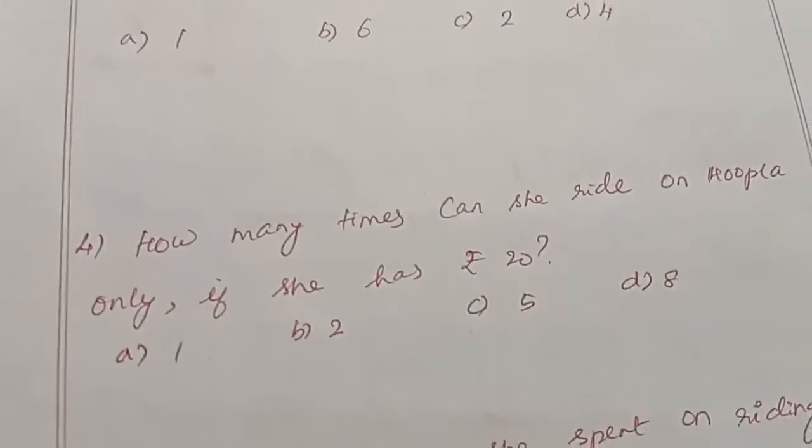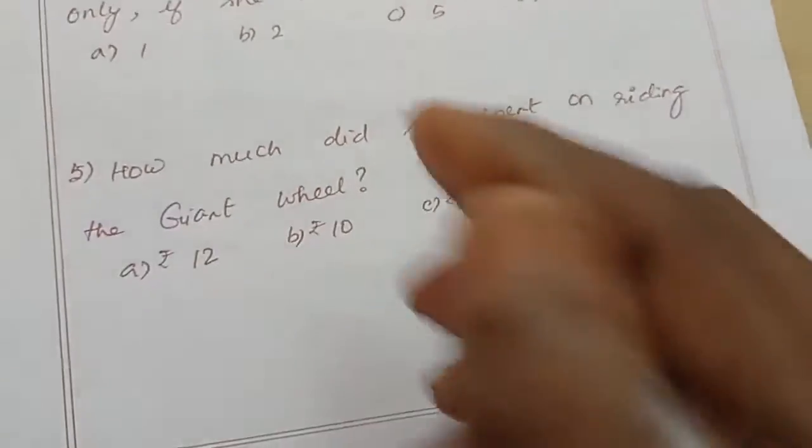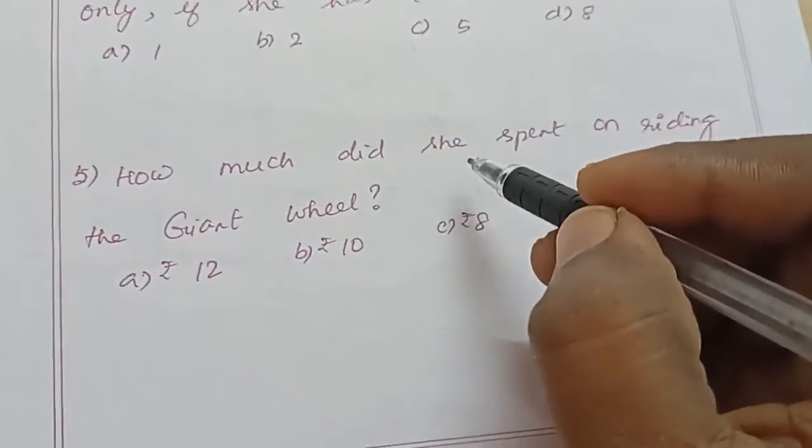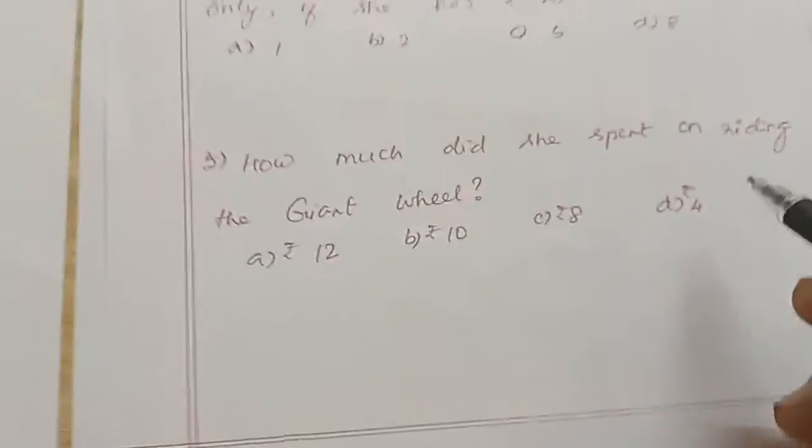Fourth question, how many times can she play hoopla only if she has rupees 20? Fifth, how much did she spend on riding the giant wheel? Options are given. So we will go for the detailed solution.